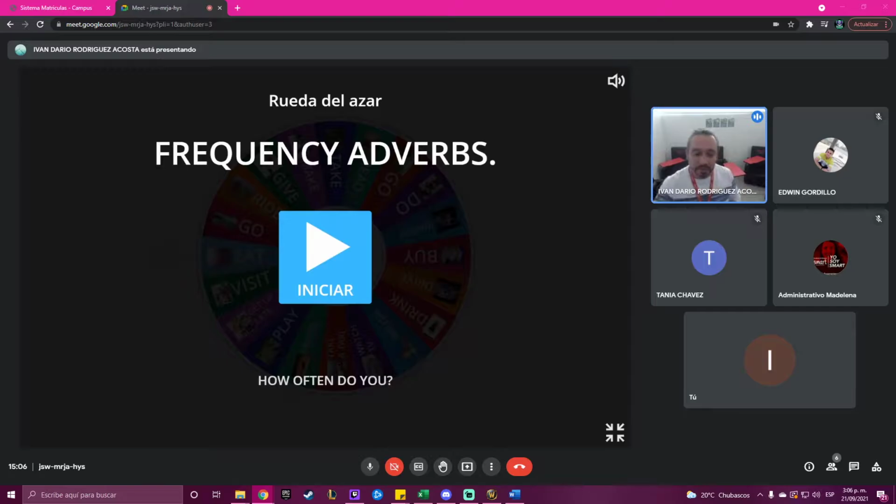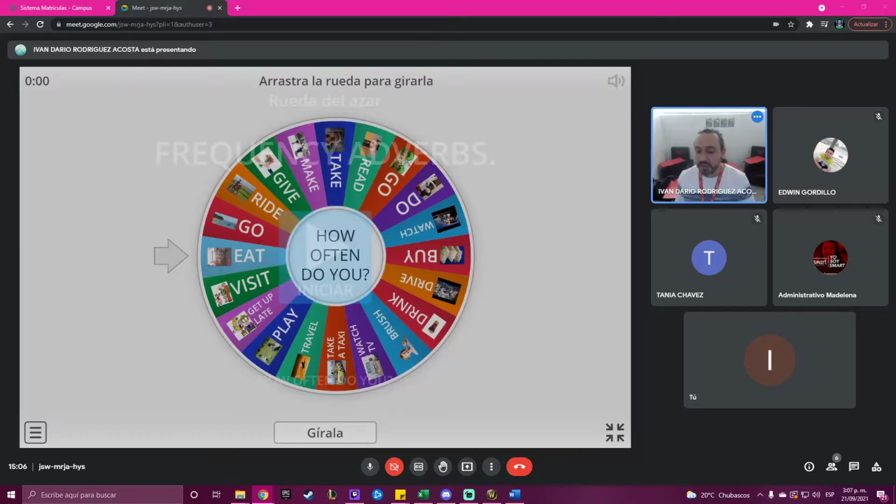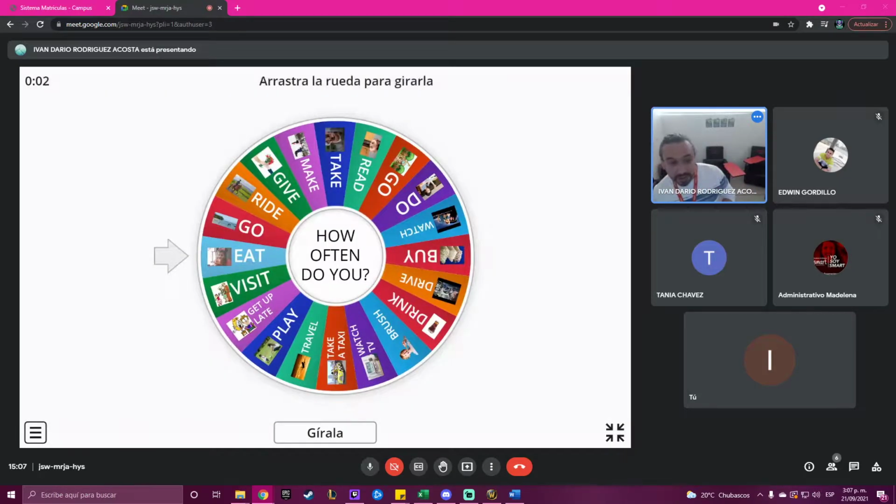Well, what do we have here? We are going to have a wheel of luck. In this wheel of luck, I'm going to spin the wheel. There is going to be a verb and a picture. The idea is that I want you to make the corresponding questions with frequency adverbs.